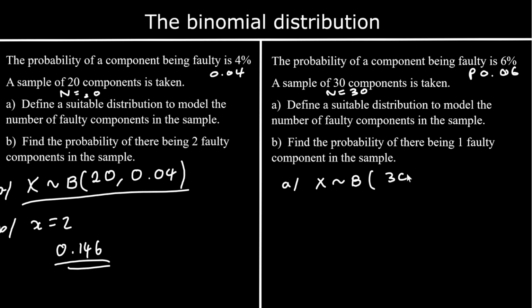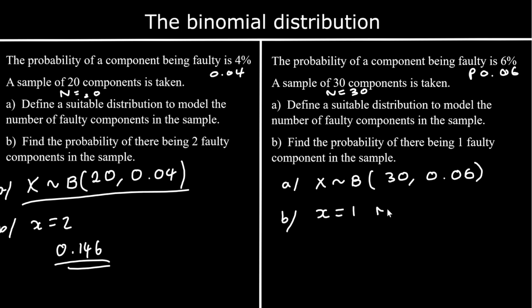N is 30, and the probability of success is 0.06. So we can use a binomial distribution. There's only two possible outcomes, either faulty or not faulty. And the probability is going to stay the same for each component. It should always be 0.06. Find the probability of there being one faulty component.